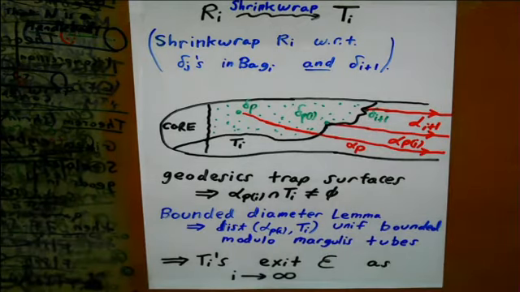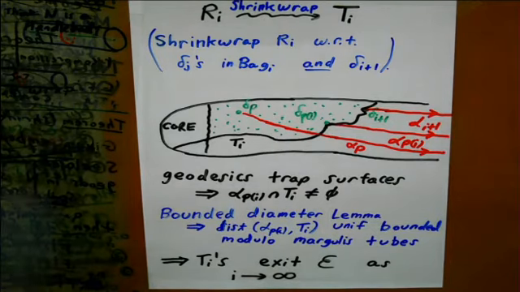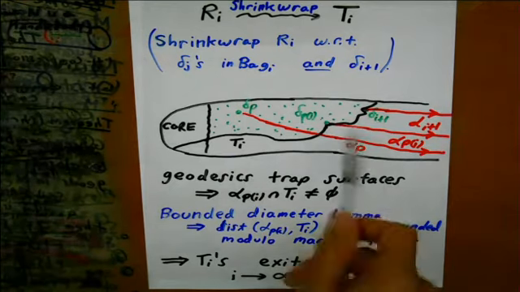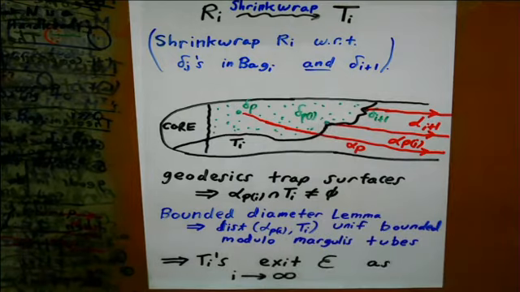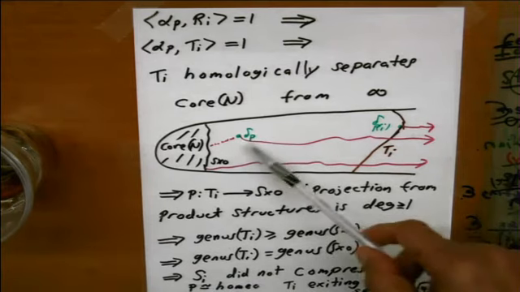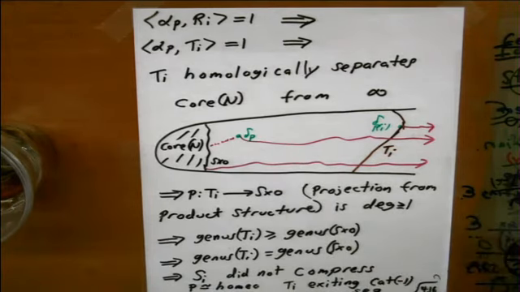So the real picture is that because of the bounded diameter lemma, this surface actually has to be very far out in the manifold. And so the shrink wrap surface has to be very far out in the manifold. And furthermore, being far out in the manifold means that it's disjoint from this curve delta P. Therefore, to start with, delta P being on the inside had algebraic intersection number 1.